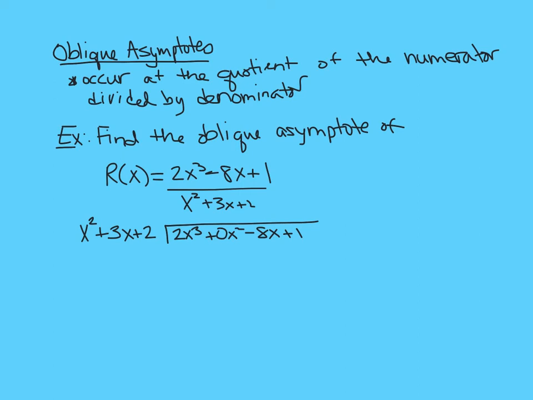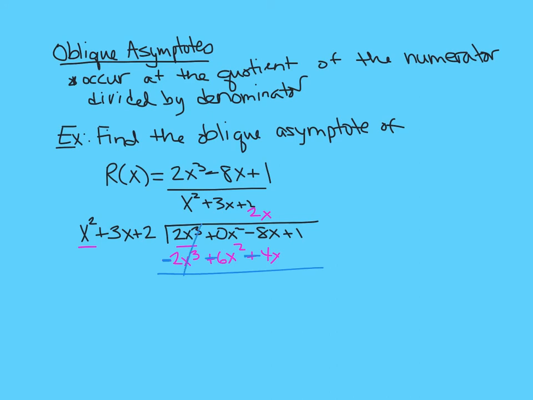So we are going to start with 2x cubed divided by x squared. That is going to give us a 2x. And then if I multiply that back, I get 2x cubed plus 6x plus 6x squared. Then I subtract, and when I subtract, I end up making everything down here negative.